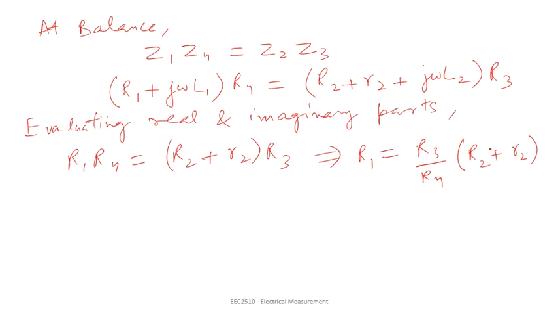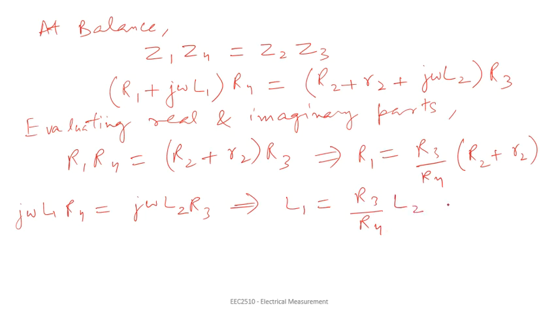Similarly, if we equate the imaginary parts, we get j omega L1 R4 equals j omega L2 R3, so L1 is equal to R3 by R4 times L2.